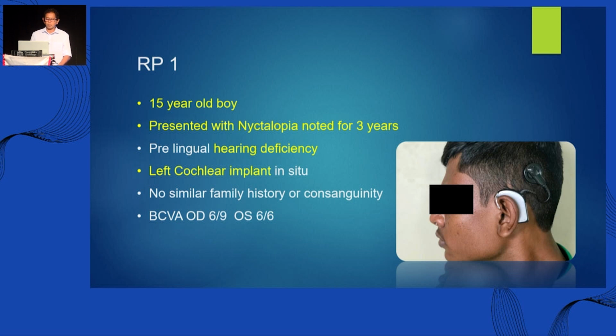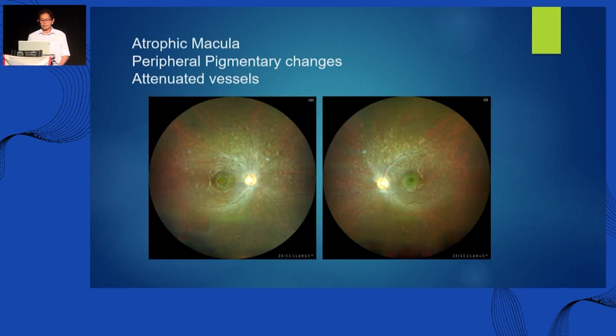Let's take this boy, 15 years old, presented with night blindness and hearing deficiency, and has already had a cochlear implant. You can see the typical picture of retinitis pigmentosa with attenuated vessels and peripheral changes. In young people, you may not see the pigmentary changes to that extent, and you might just see a salt and pepper appearance and atrophic macula.